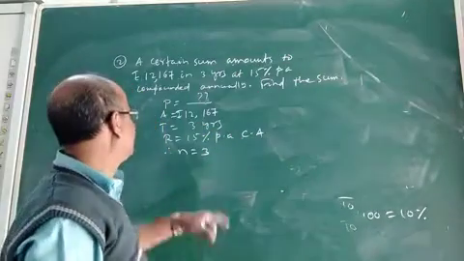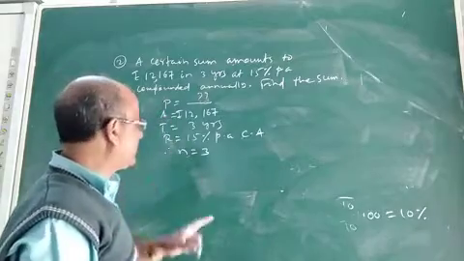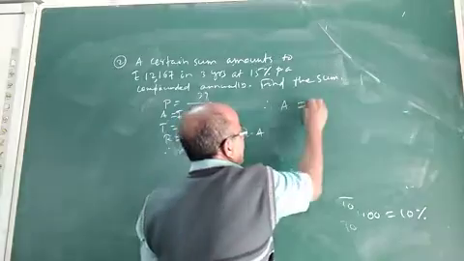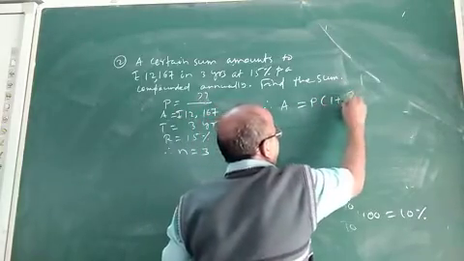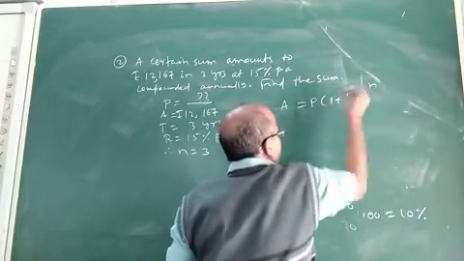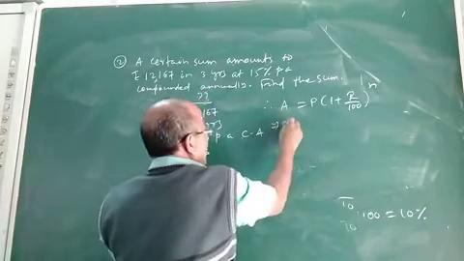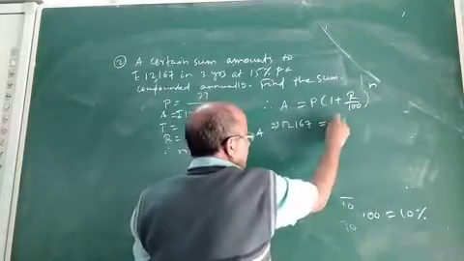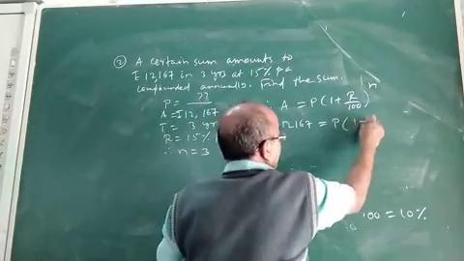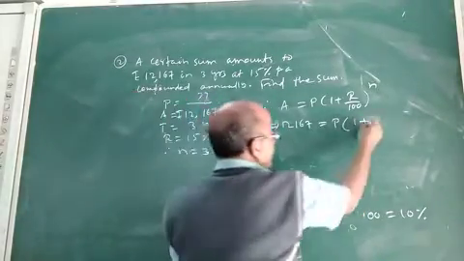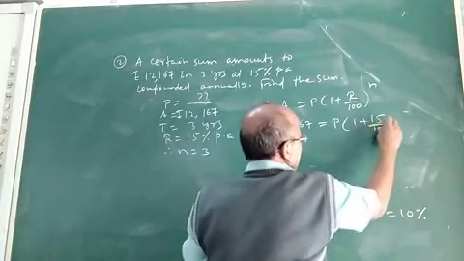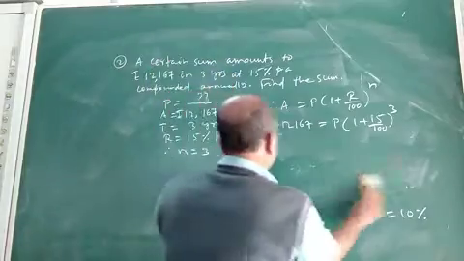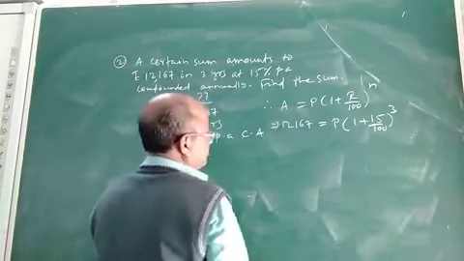Now how to get the principal? To get the principal, you apply the formula for amount. A equals P into 1 plus R by 100, whole to the power n. The amount is 12167, P we do not know. So this will be 1 plus 15 by 100, whole to the power 3.